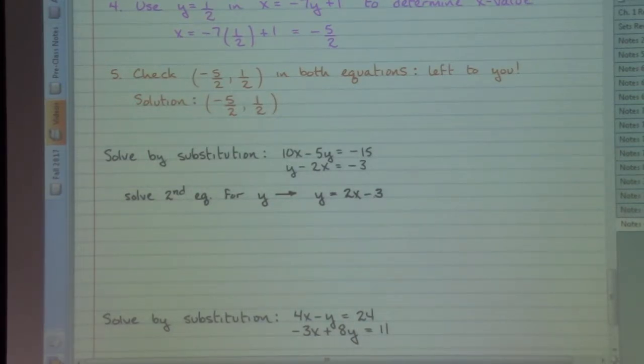Now, because we used the second equation to accomplish that, we're going to use the first equation, 10x minus 5y equals negative 15, and substitute the 2x minus 3 for y.